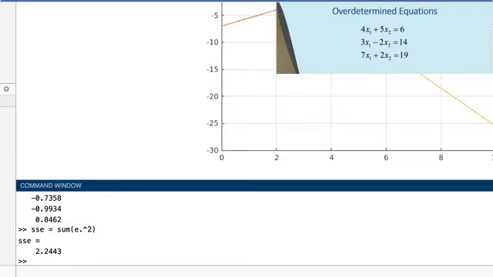So this tells us that the sum of squared errors in the solution that MATLAB gave us, SSE, is equal to 2.2443. And now we can tell you the special way in which the solution to a set of overdetermined equations is defined. It's the one solution that has the least sum of squared errors.